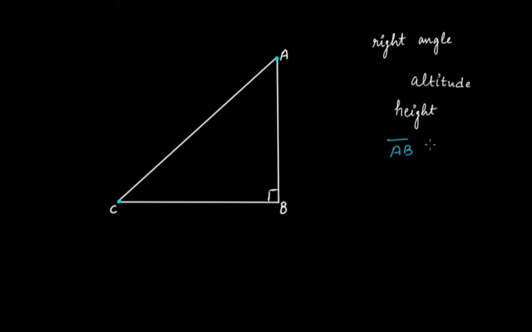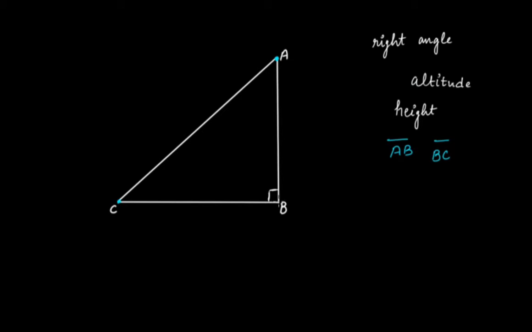So these two sides, AB and CB or BC, whatever you want to say, are two altitudes which are actually the sides of this triangle itself.